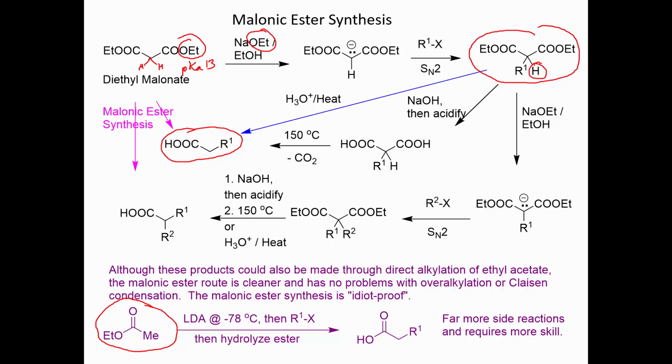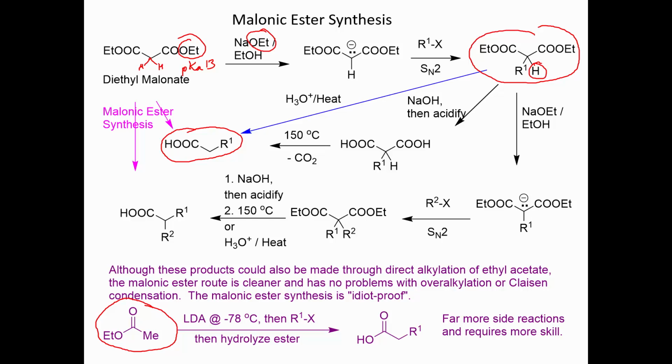It doesn't require really ultra dry solvents, although they should be as dry as you can possibly get them, and for the compounds that we're making here, we don't have to use such ultra strong bases to generate anions. So this malonic ester synthesis is much easier to do than the direct alkylation.